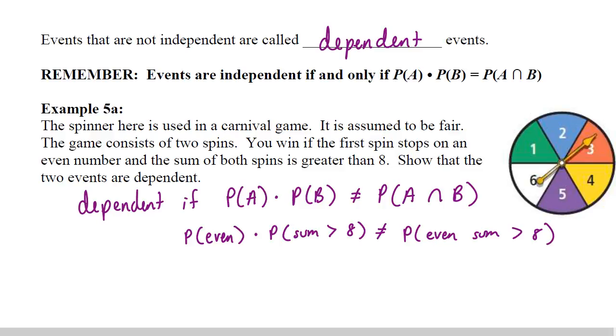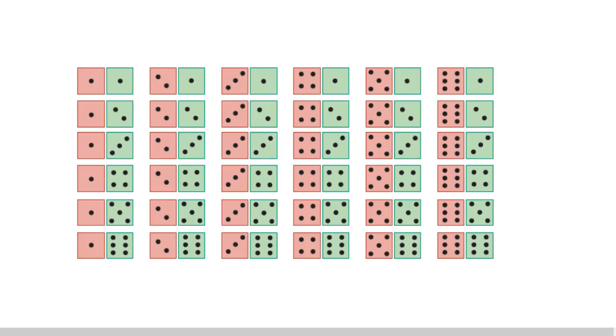Now, since we're dealing with the sum of our spins, we can go back and look at that dice card that I gave you. Let's take a minute to look at that. Even though this problem isn't talking about dice, it's dealing with 2 spins, and the spinner has 6 sections. So really they could have used dice in this problem instead of a spinner.